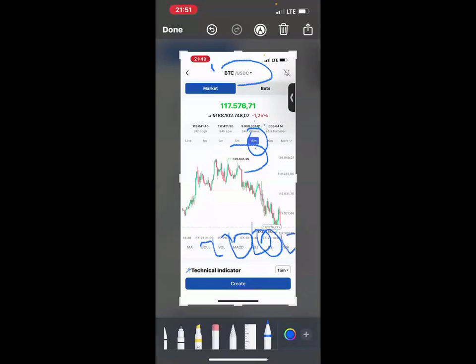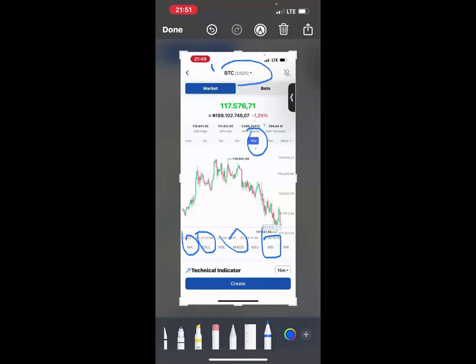But the indicators that we'll be talking about this evening are specifically the MA, the Bollinger Bands, the MACD, and the RSI, which I'll be circling right here. So I'll be talking about these 4 indicators tonight and how we can use them to pick trades.